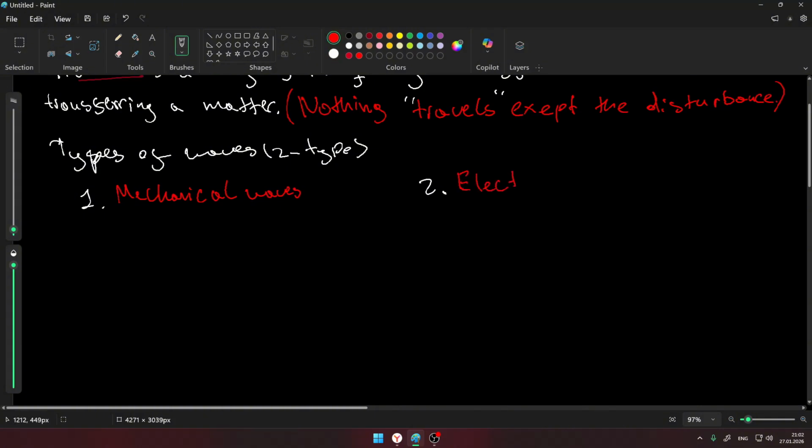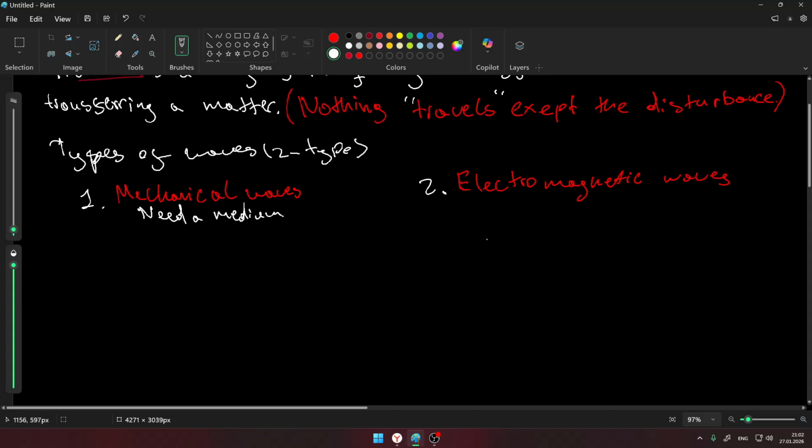We're gonna cover the differences and similarities. The main difference is that the mechanical waves, they need a medium. Like, for sound there should be air, or there should be some particles for sound to travel, so it cannot travel in vacuum because there is nothing.